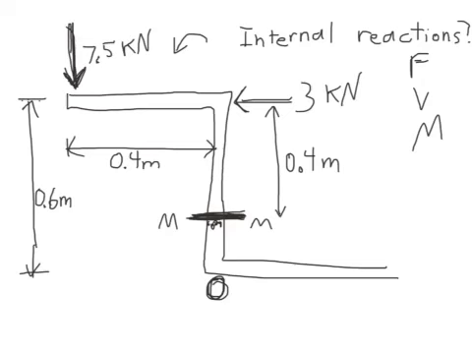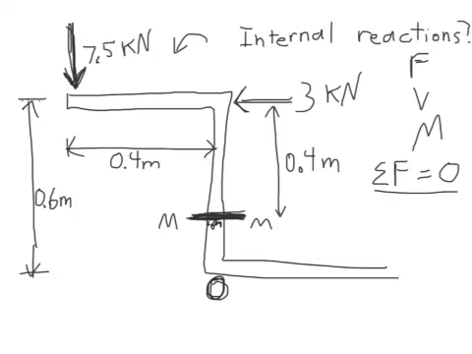So when this thing is all in one piece, before we cut it with our sword, it's in static equilibrium. So that means that the sum of all axial up and down forces is going to be 0.